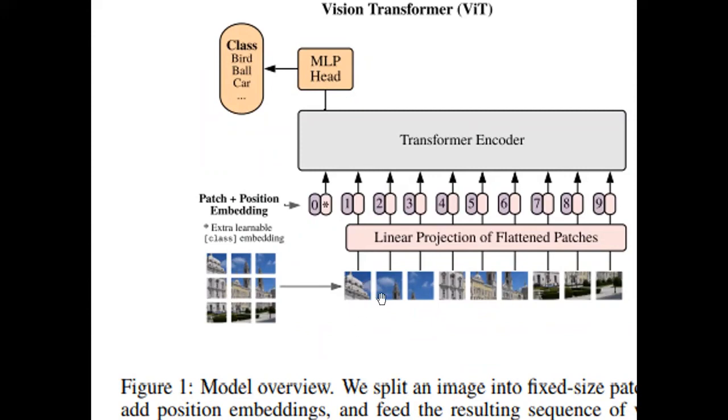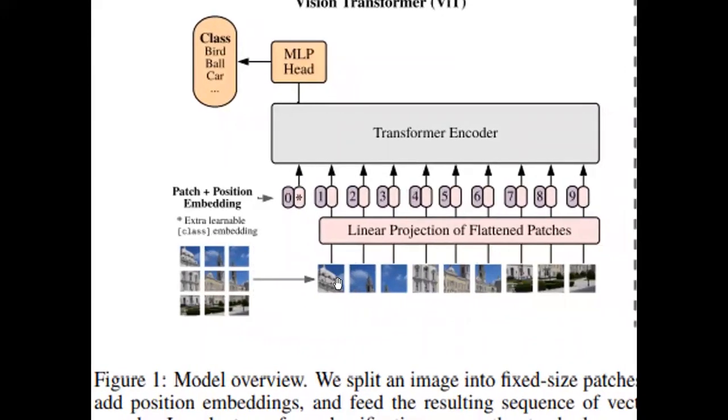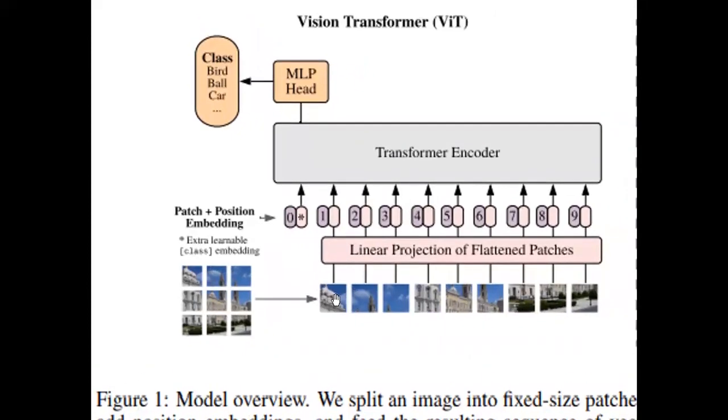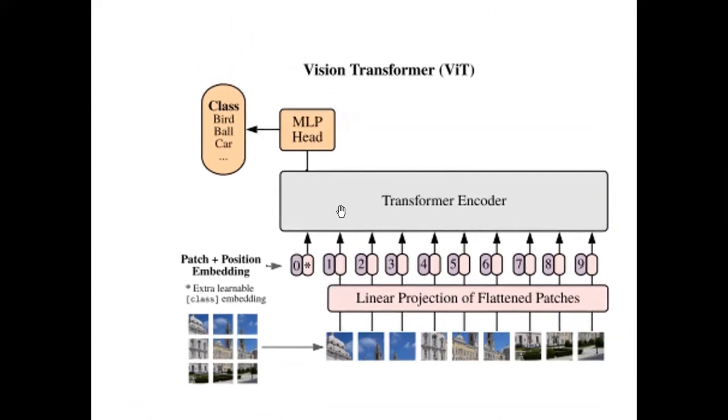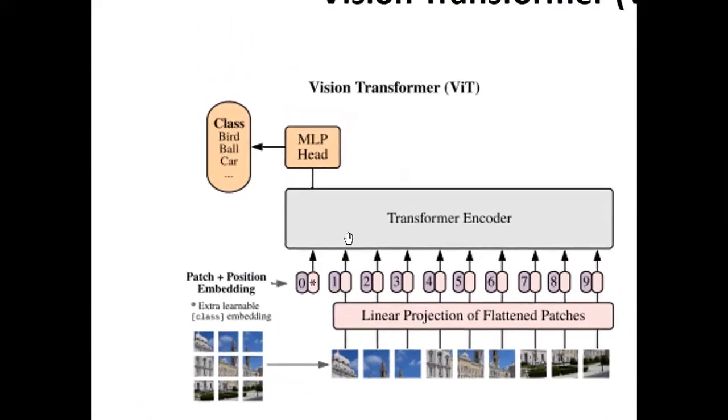Before going to the transformer encoder, we unroll this image and multiply with the embedding matrix. After that, we concatenate with the patch embeddings and then put it into the transformer encoder.